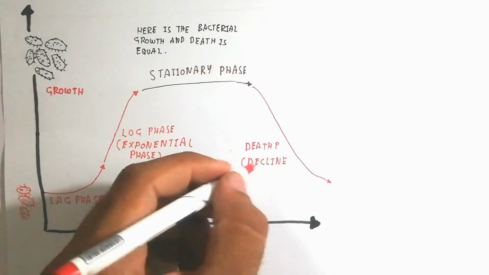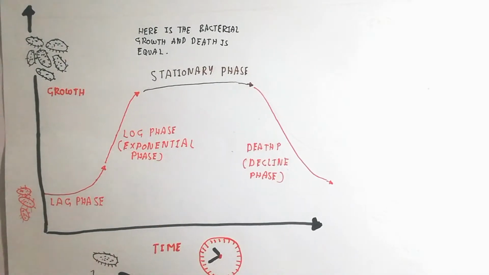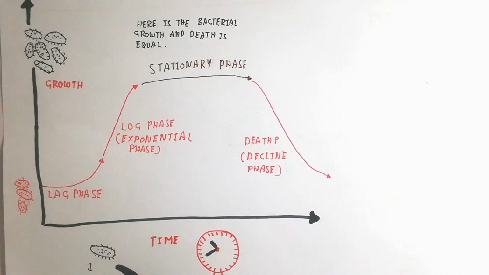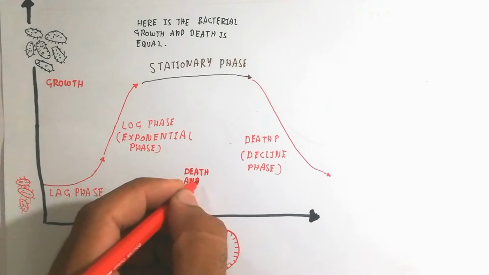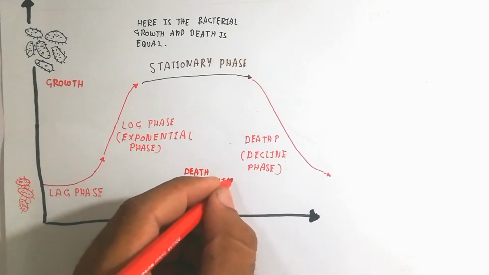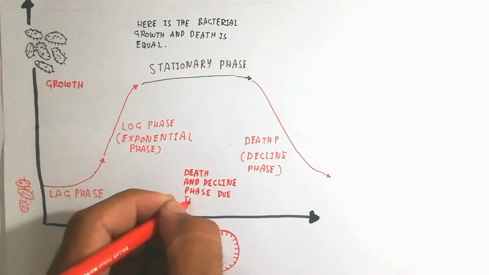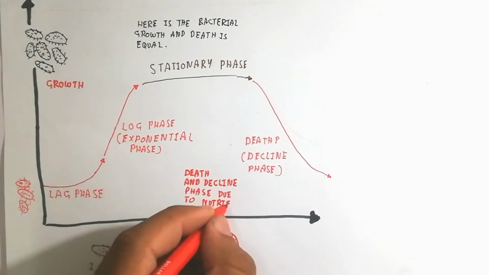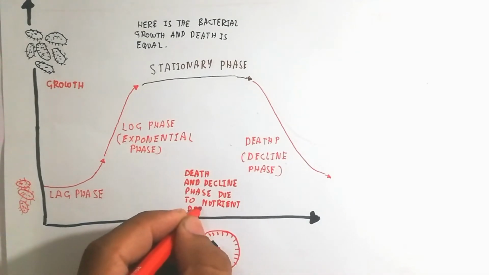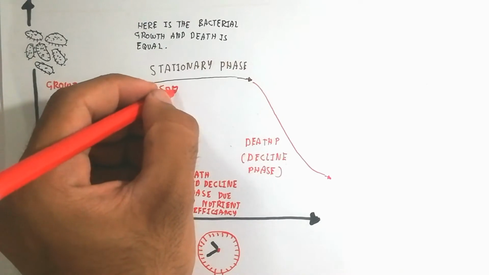In the death or decline phase the death rate of the bacteria is more as compared to the growth of the bacterial colony. So the death and decline phase is due to nutrient deficiency, which is responsible for the declining of the bacterial colony.